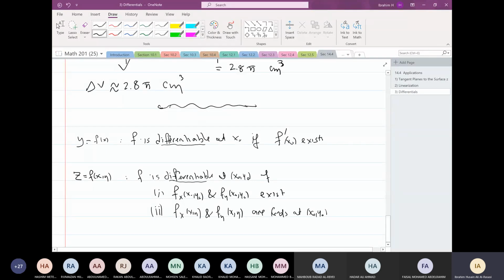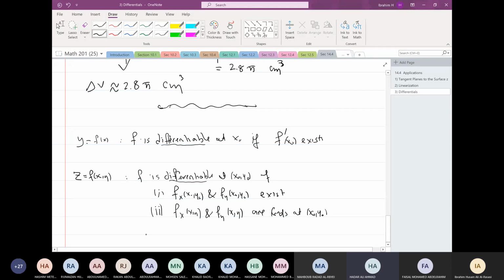They have to be continuous also, not only exist. This is a little difference from Math 101, so you need also to check the continuity. This is the definition for differentiability in Math 201. You read the example in the note, and it is just an application of this definition.